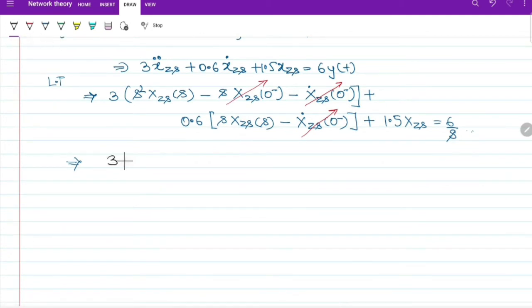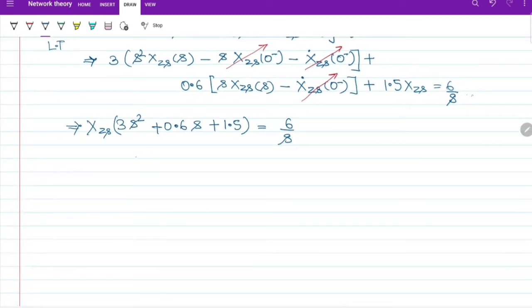So we will get 3 s square plus 0.6 s plus 1.5 into x of zs is equal to 6 by s, right? And x zs is equal to 6 divided by s, 3s square plus 0.6 s plus 1.5.